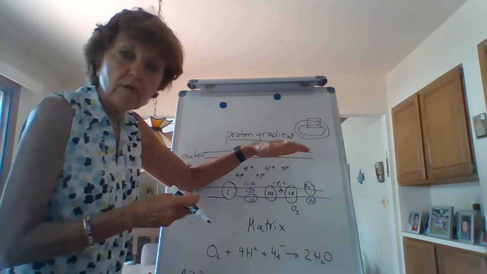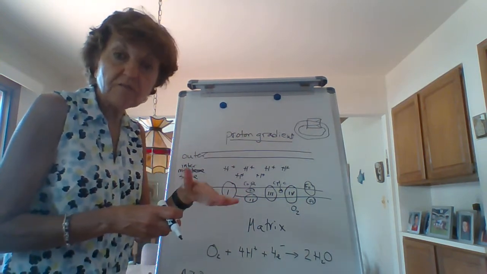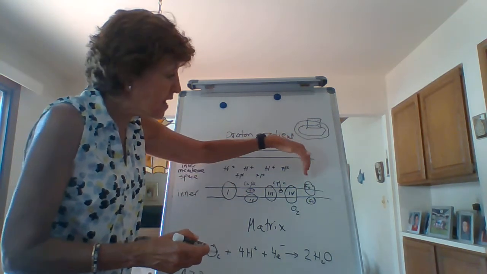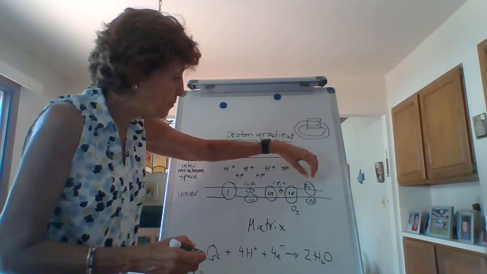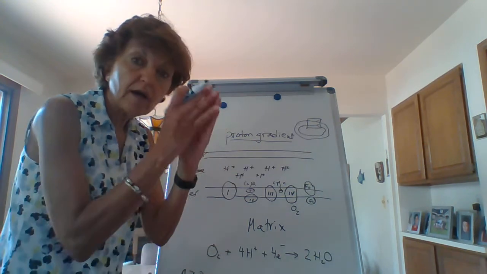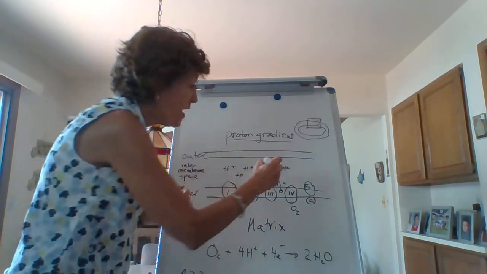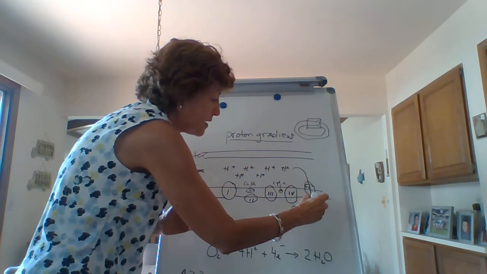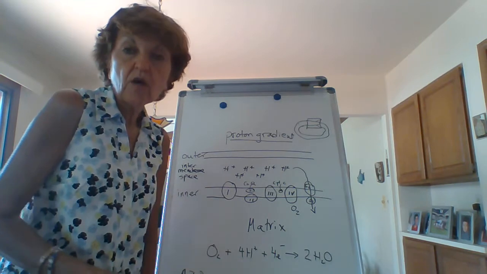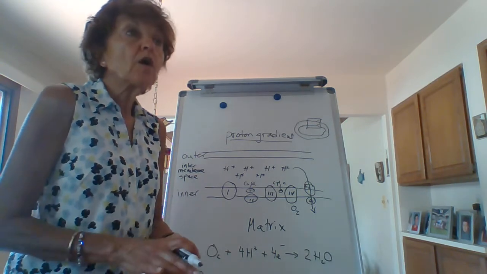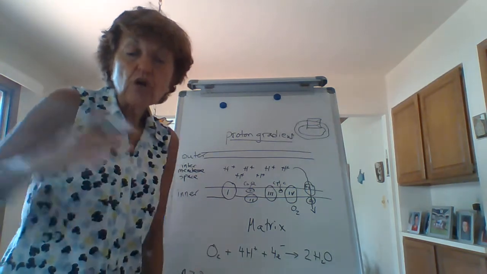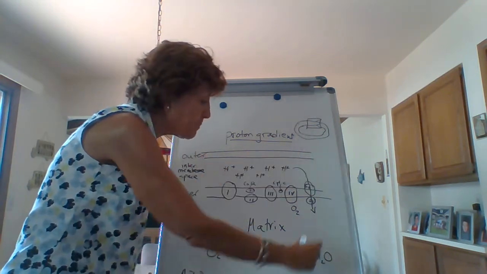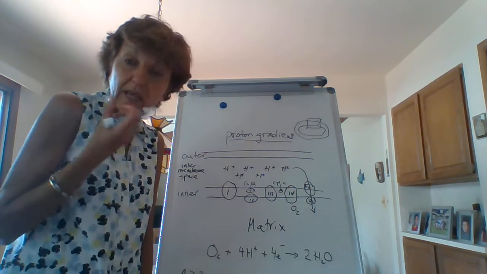When your hydrogen ions reach a specific level, a specific pH in this intermembrane space, this F0, F1 protein opens up the channel and allows them to flow back into the matrix. Why is this important? All that energy, all that kinetic energy of all those protons flowing back into the matrix is then captured.